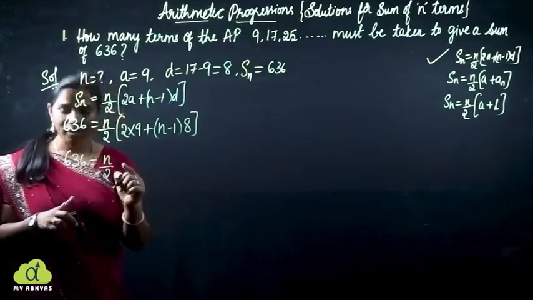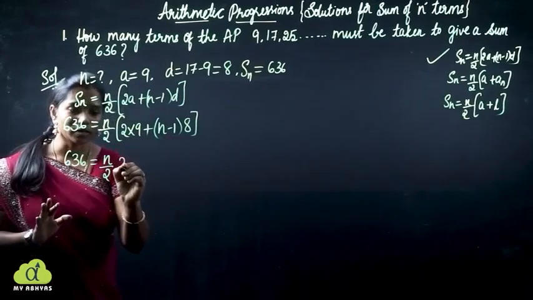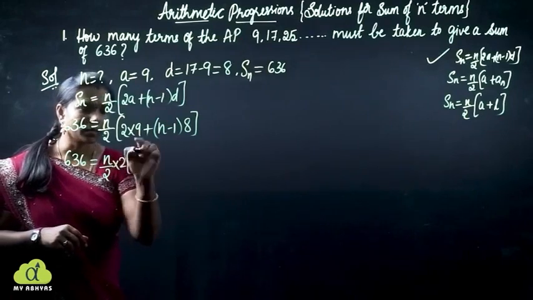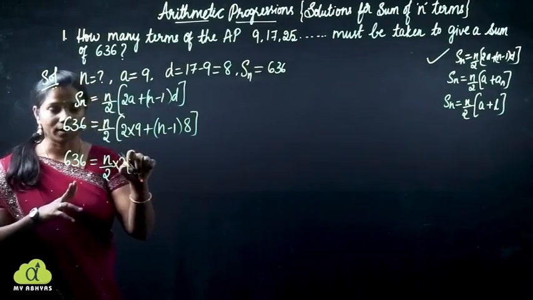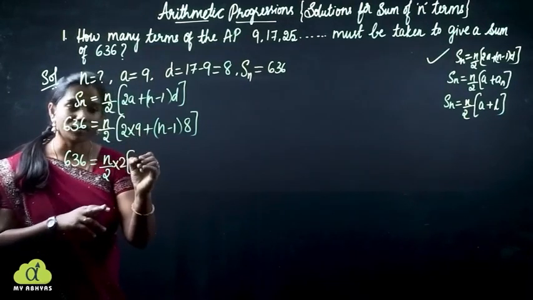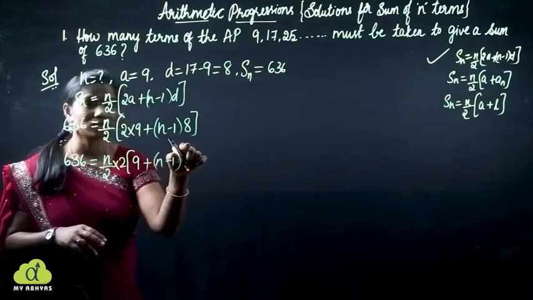Before you multiply, I will take 2 as common here to make the simplification very easy. Here I have not multiplied 2 into 9. Instead, I have taken 2 as common. So here I am left with 9 plus n minus 1 into, is it 8?